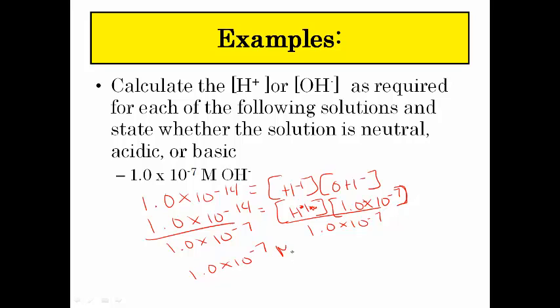And so that is the H plus concentration. Again, compare your H plus to your OH minus. In this case, they're both 1 times 10 to the negative 7th, so they're equal. So this is a neutral solution.